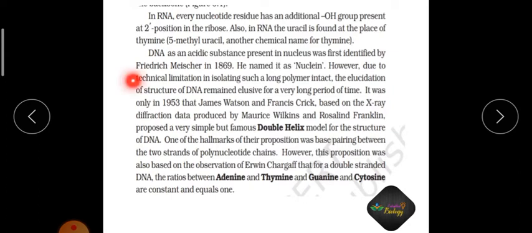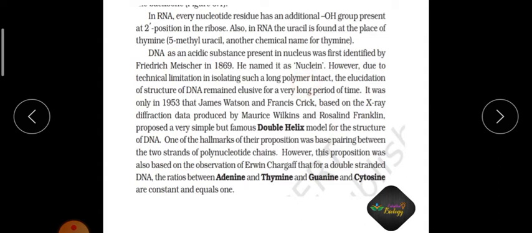The first one, the person who identified nuclein. Okay, he is Frederick Miescher. In the year 1869, he identified nuclein, that is the nucleic acid. What is the name given by him? Nuclein.